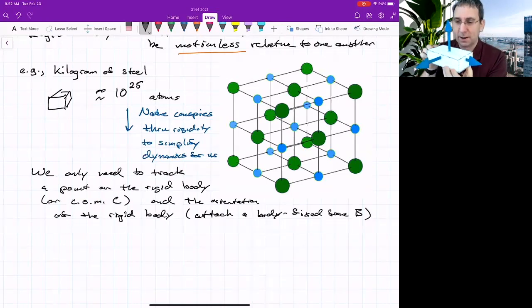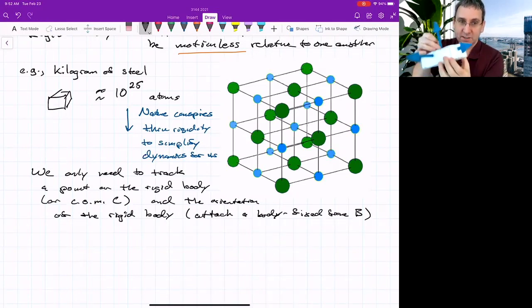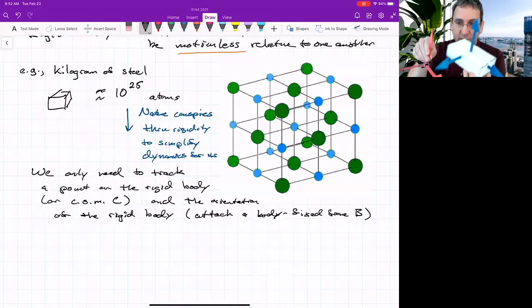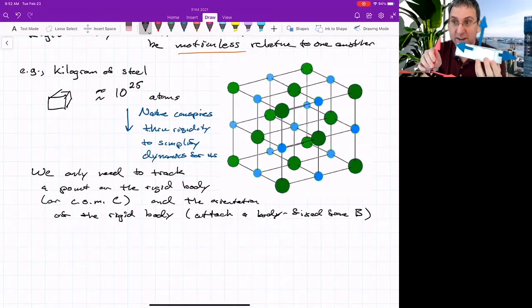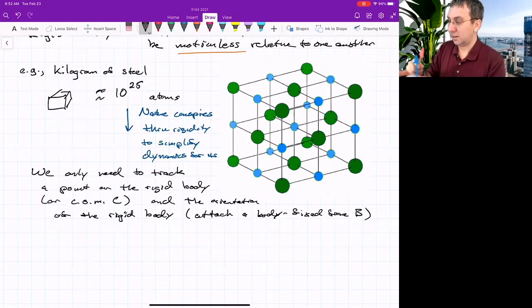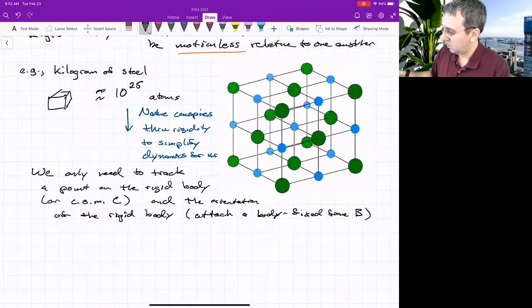Now, to describe the motion of the rigid body, I just have to describe the motion of a point on it, or the center of mass inside there, and the orientation of a frame attached to it compared to an inertial frame. So that's sort of the essence of rigid body kinematics. The dynamics has to do with the mass distribution and angular momentum and other things. But there we go. One thing at a time.